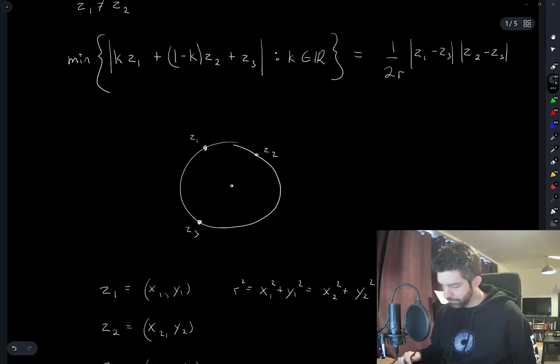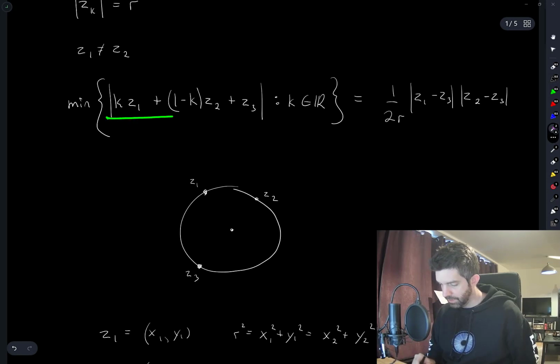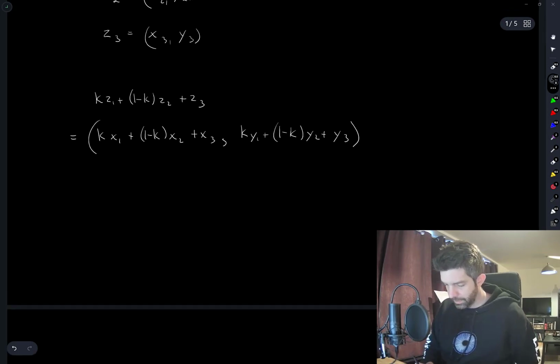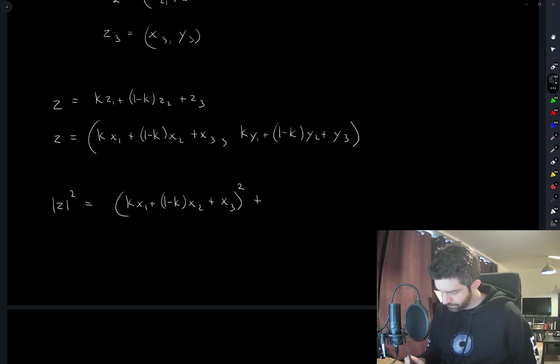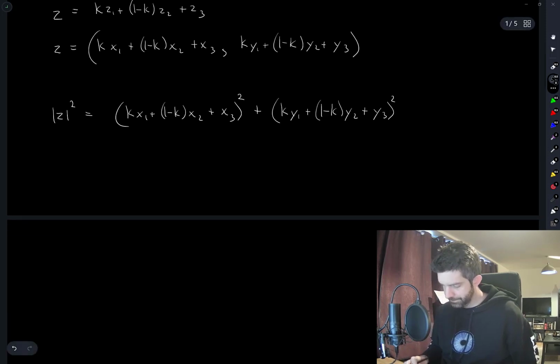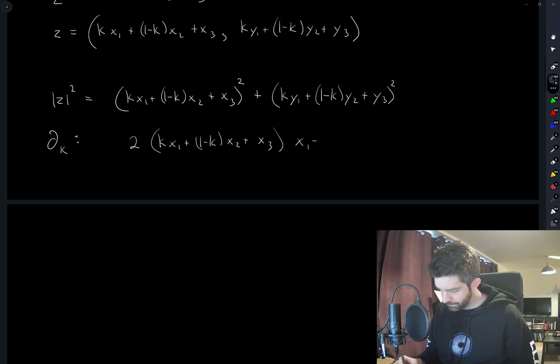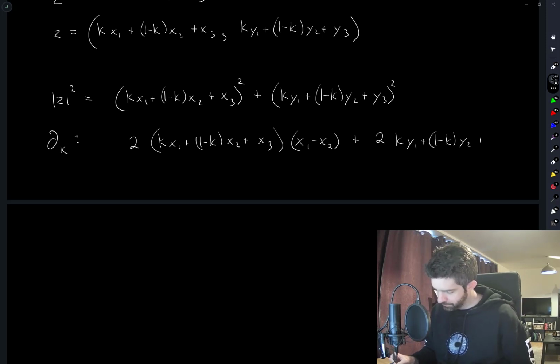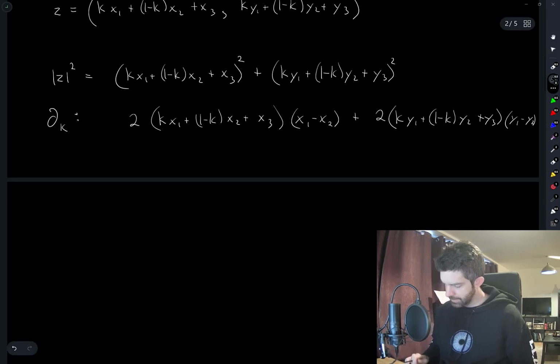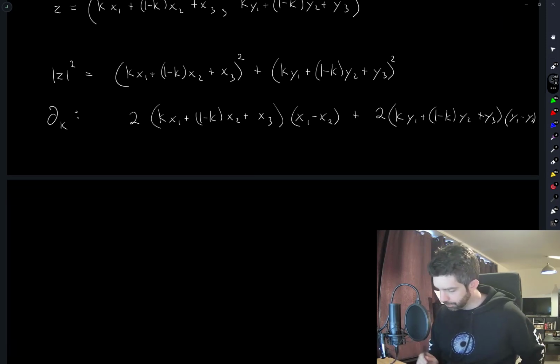Okay, so rather than minimizing the modulus, I'm going to minimize the modulus squared. Same thing. Let's call this point z. Okay, so I want to minimize this as a function of k. I'll take a derivative with respect to k, and this should be equal to 0. Well, let's group some terms up here.